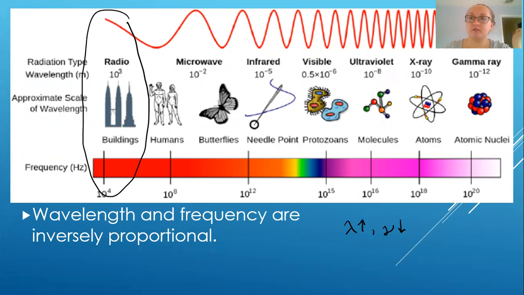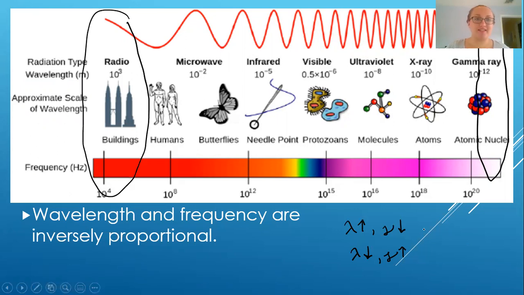And as you can see over here, as wavelength decreases, frequency increases. The shorter a wave is, the more waves can pass a point in 1 second. And this kind of makes sense. If I make a wave that's very large with my finger, I'm moving kind of slow. But if I make really, really small waves, it can move really fast.